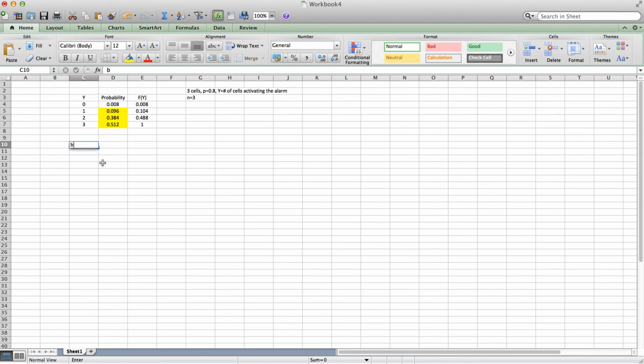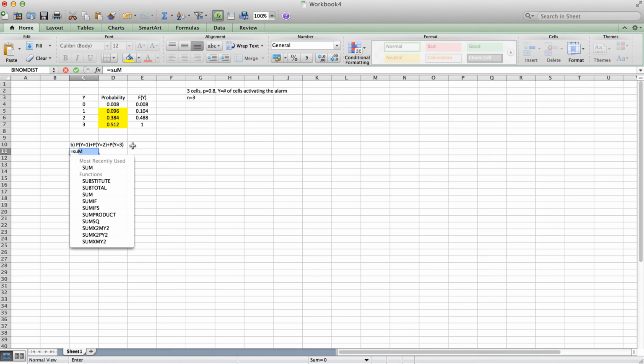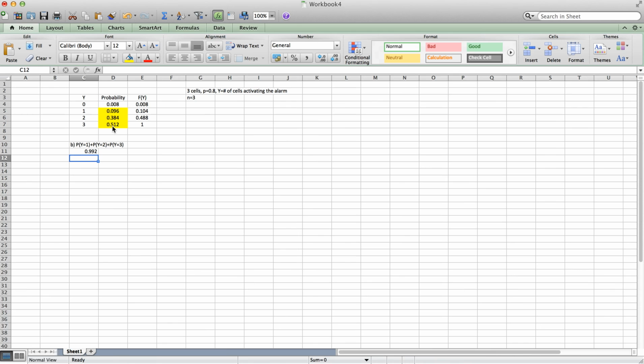So you actually can answer letter B with the probability of y equals 1 plus the probability of y equals 2 plus the probability of y equals 3. In this case, this is the sum of these 3, and this is 0.992.